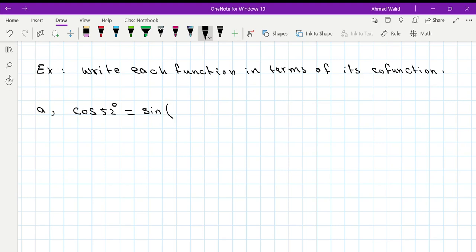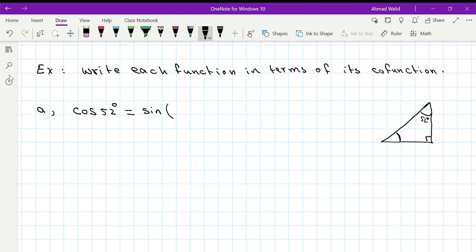I want to even explain this example in a diagram. If you have a triangle like this, and one of the angles is 52 degrees, correct? This is 90. How much is this? You have to find this.